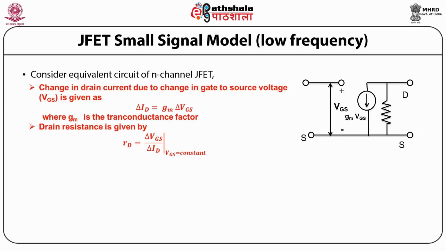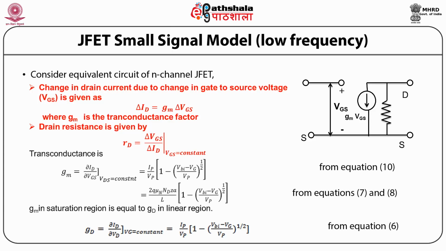The drain resistance is given by r_d equal to delta V_GS by delta I_D at a constant V_DS.